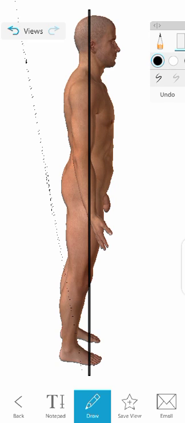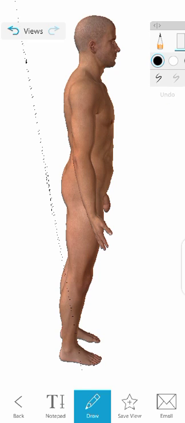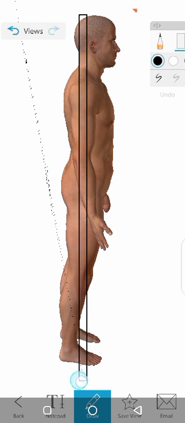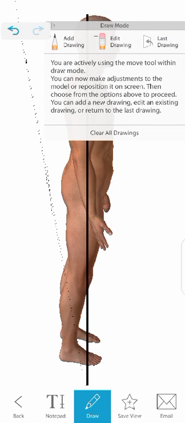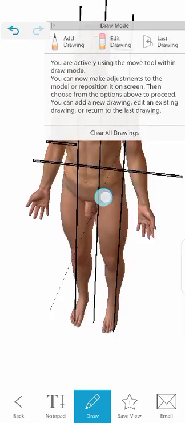So the sagittal plane, especially the mid sagittal plane, divides the body into left and right, and the coronal plane divides the body into front and back.